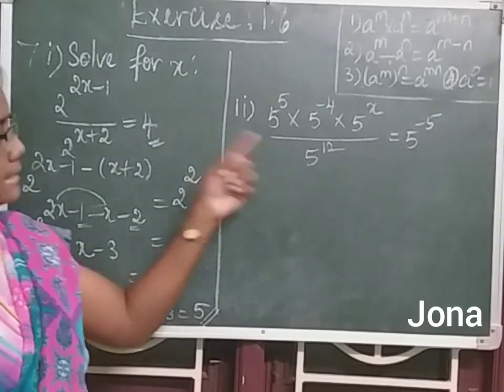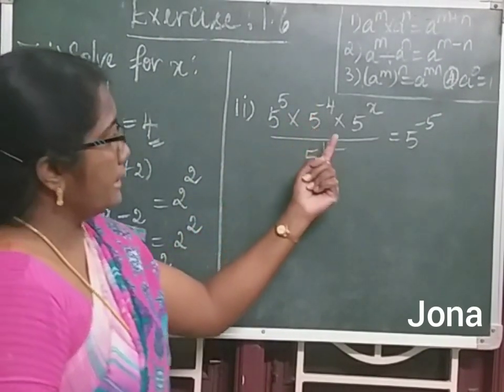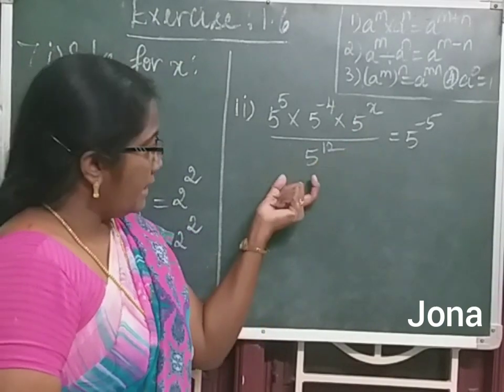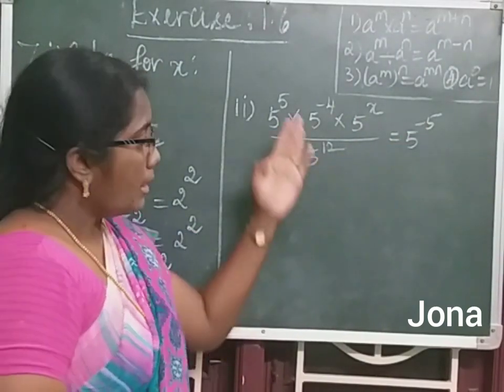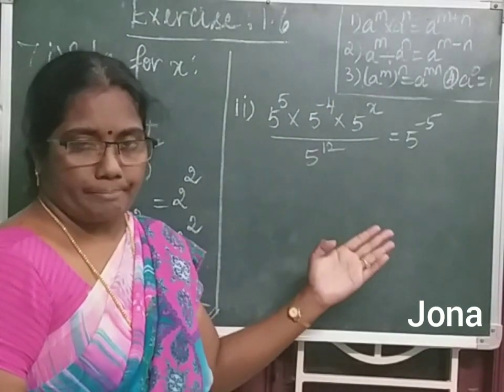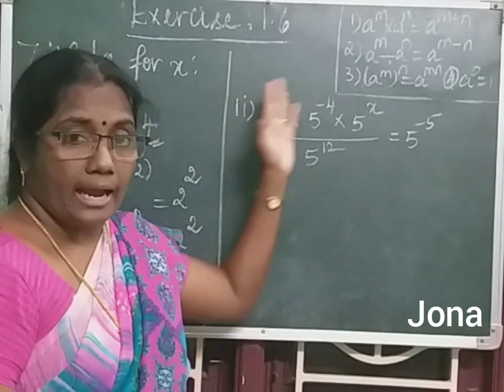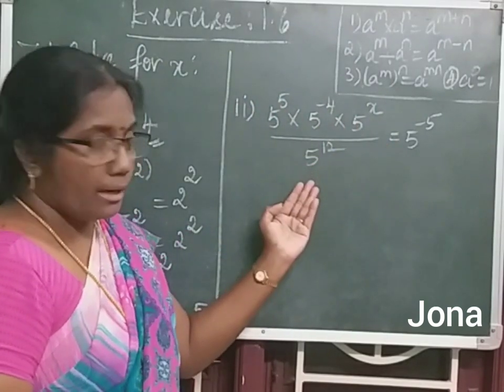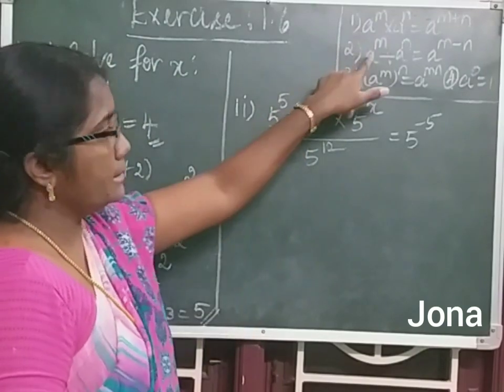Okay. Look at the next problem. 5 power 5 into 5 power minus 4 into 5 power x divided by 5 power 12 equal to 5 power minus 5. All the bases are same. In the numerator it is multiplicative form, so I can add the powers. From the denominator I can take this to the numerator with a minus, by the second rule.